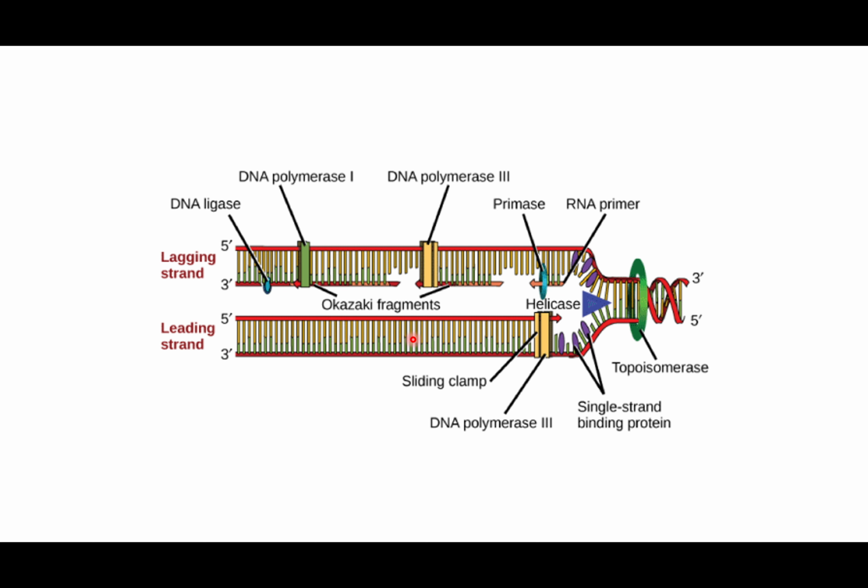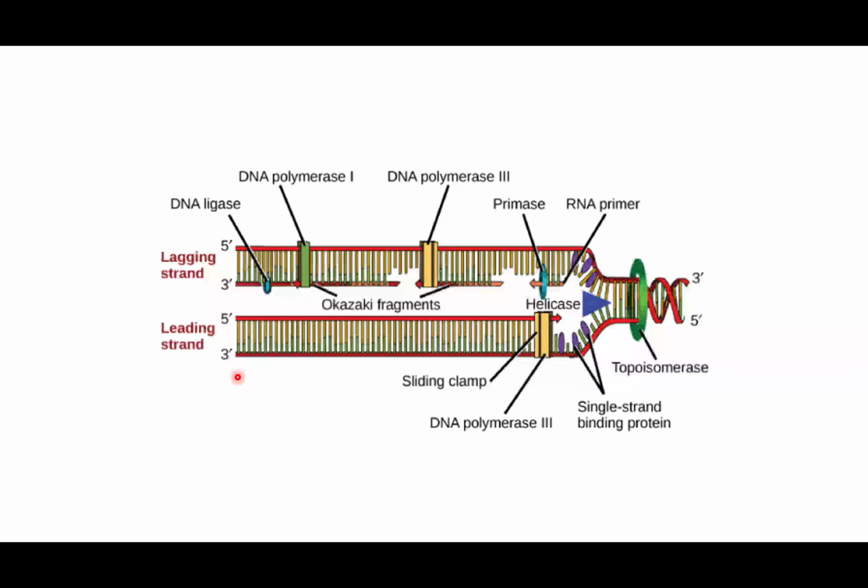So it's completely fine, it's just a smooth movement along the leading strand. While the creation of the Okazaki fragments would be by DNA polymerase 1, and we should actually build in the opposite direction, away from the leading strand.